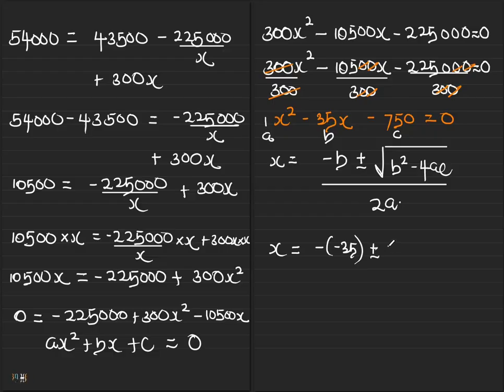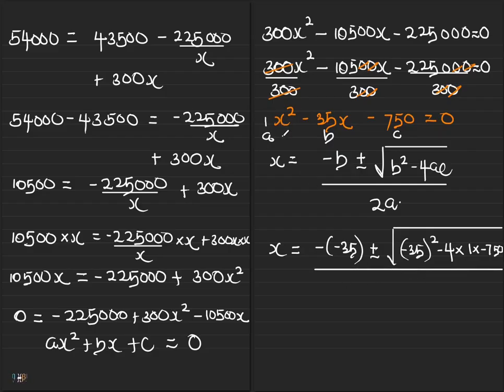plus or minus the square root of b squared, so that becomes the negative 35 squared minus 4 times our a, which is 1, and then times the c, which is negative 750, all over 2a. The value of a is 1, so 2 times 1 gives us 2.